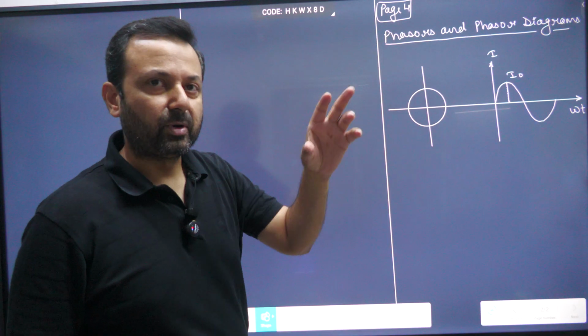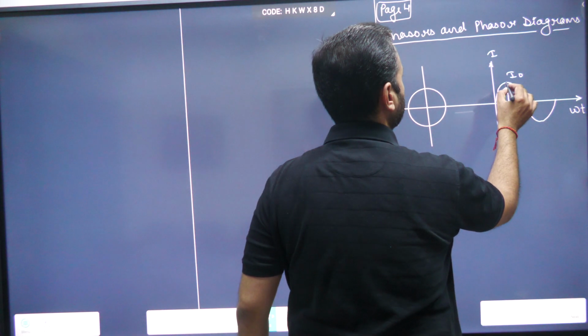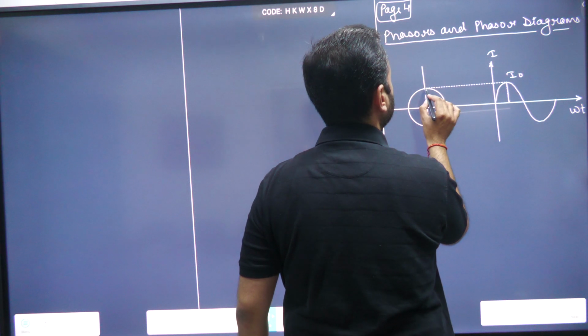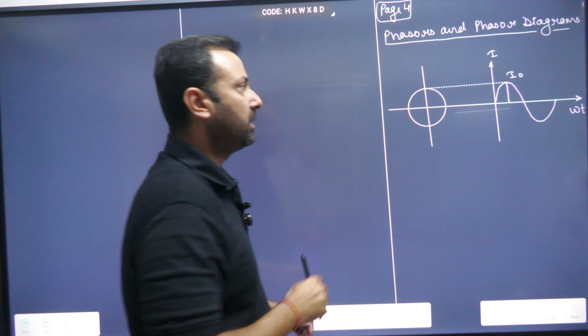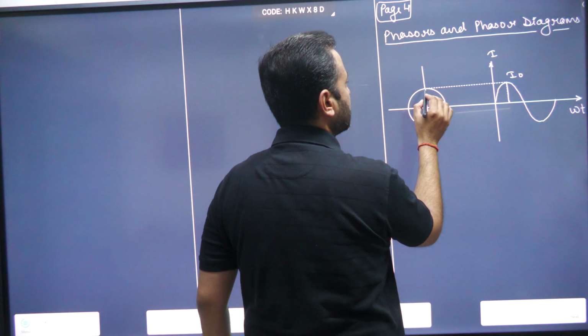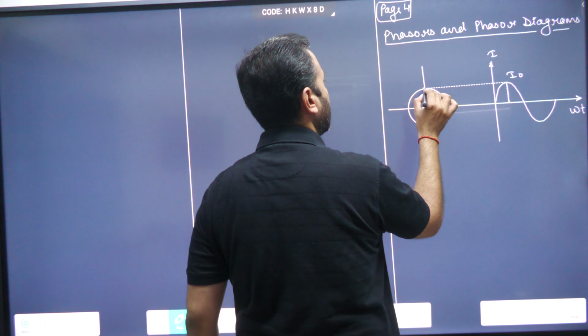Now, any point you take. Suppose I take this topmost point and I draw a perpendicular here. The perpendicular is called a projection. I draw a projection here, and it touches this circle at this point.